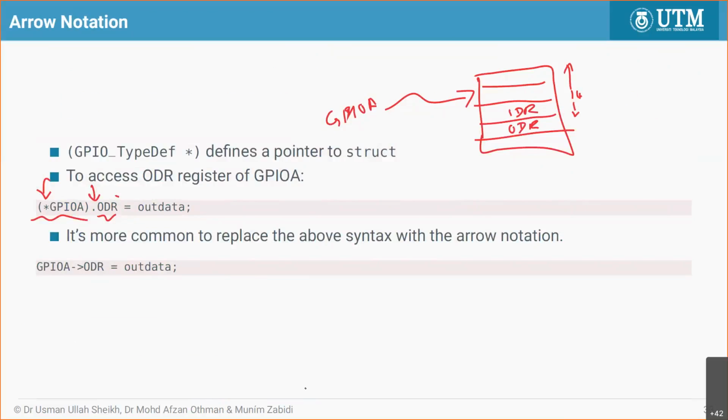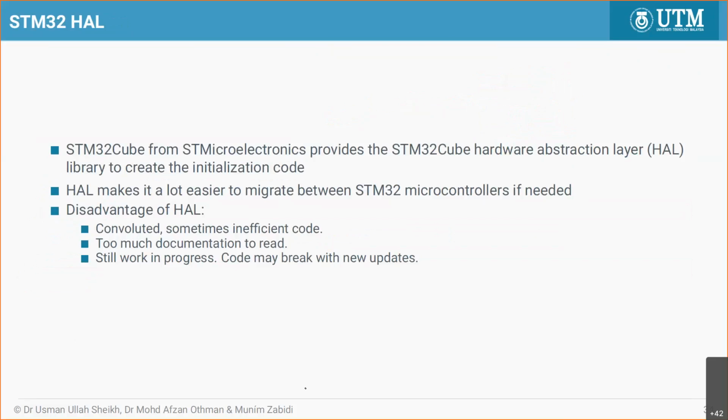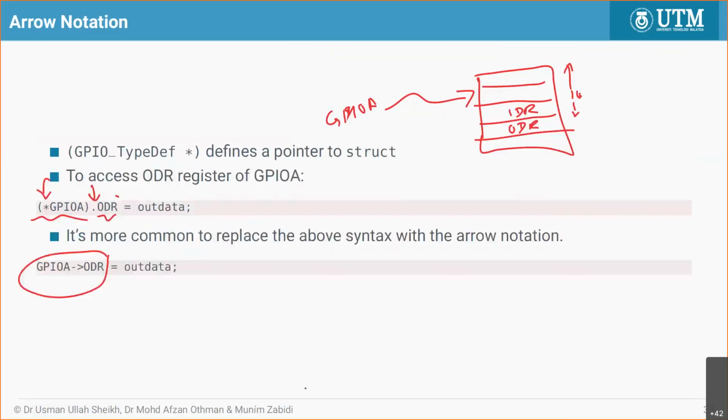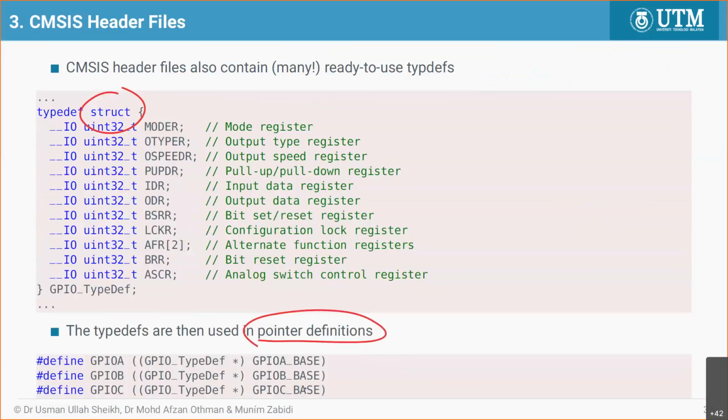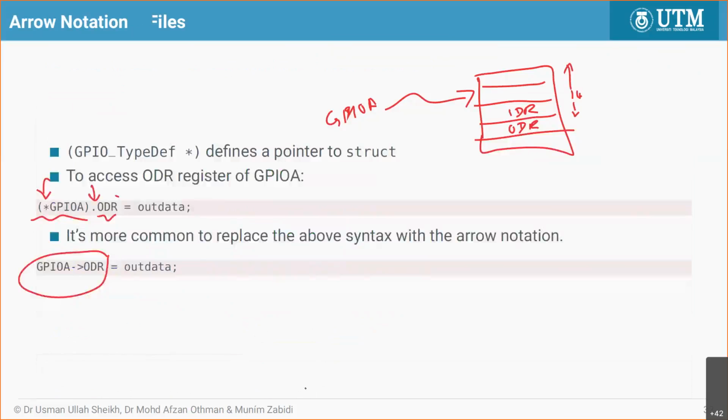And when you want to make it even cleaner, you use this arrow notation. People who know C will respect you, because you know how to use the pointer notation. So that is the third way, and there's 3A, 3B.